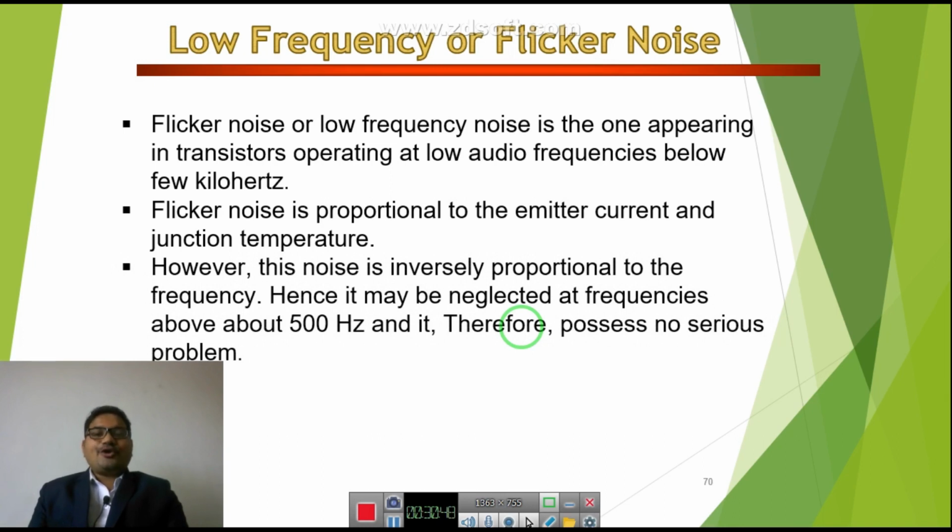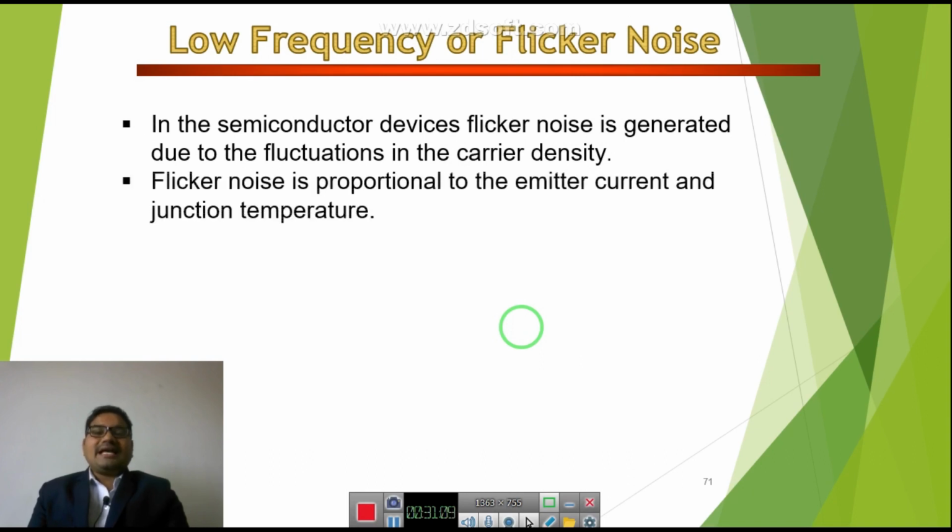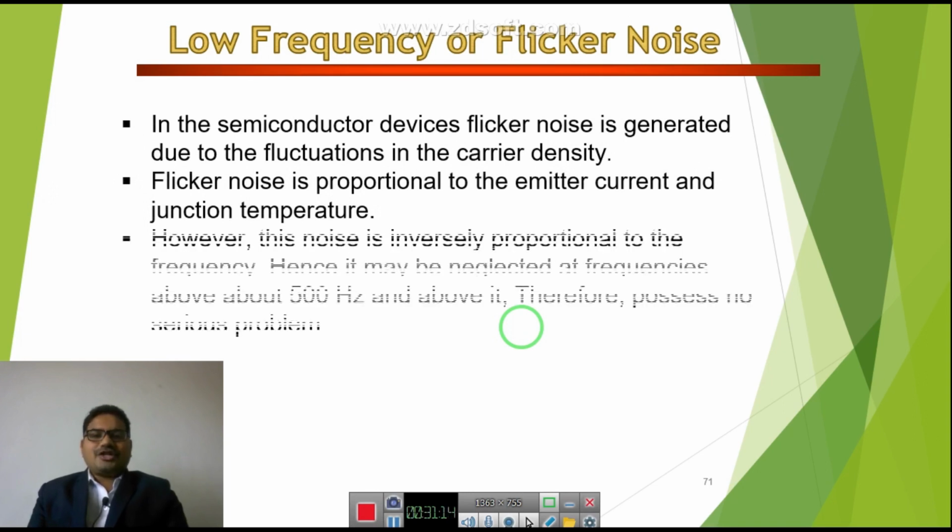However, this noise is inversely proportional to the frequency, and hence it may be neglected at frequencies above 500 hertz. Therefore, it is not a serious issue. In semiconductor devices, flicker noise is basically generated due to fluctuation in the carrier density, and it is proportional to emitter current and junction temperature.